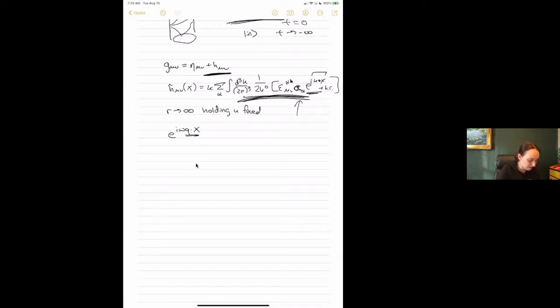Remember that t is equal to u plus r, and q dot x is going to have an r term. So in my phase I have an e to the i omega r, and then q0 here, because of the way I chose the variables, is 1 minus cosine theta.